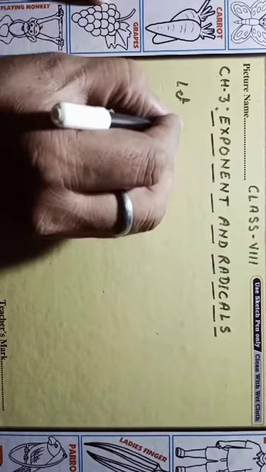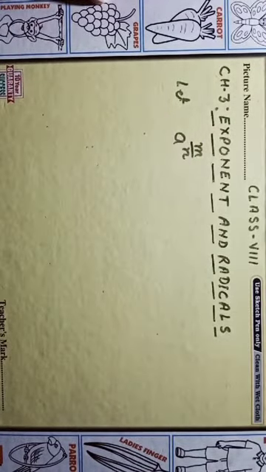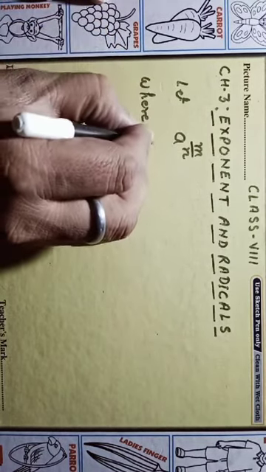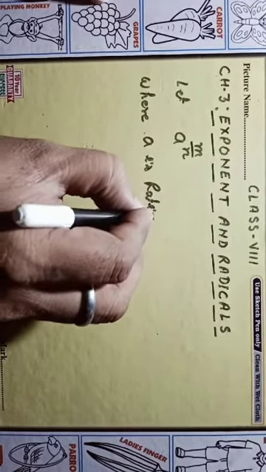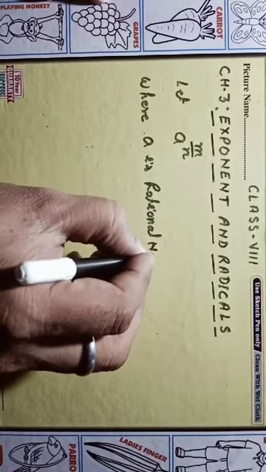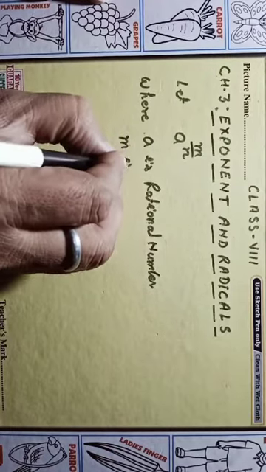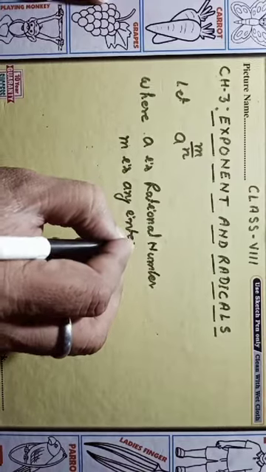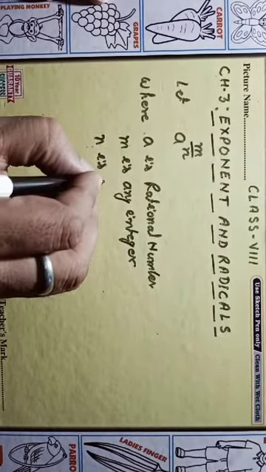Now next, let a number a to the power m by n, where a is a rational number, m is any integer, and n is a positive natural number.